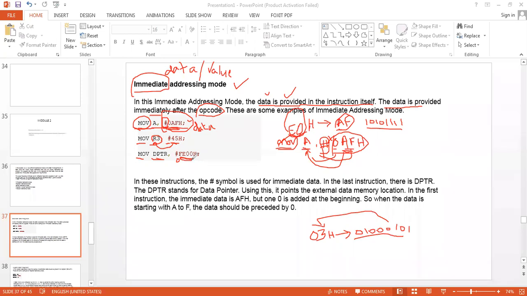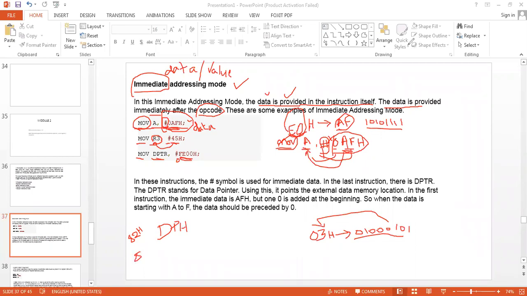Okay, so what will be stored into DPTR? DPTR has memory locations, 82H, I think. 82H is DPH, data pointer high. 83H... okay, I exactly don't know.